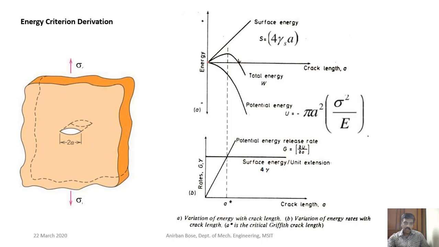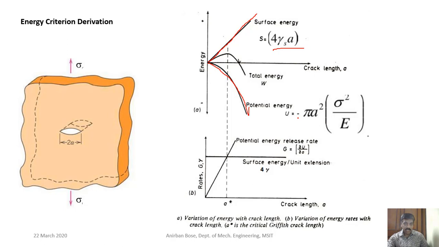If you plot the surface energy line, you will see this is how the surface energy is changing according to this formula. And if you plot the potential energy line, that means the elastic strain energy line, you will find it follows this line. So the total change of energy is what? This plus this.